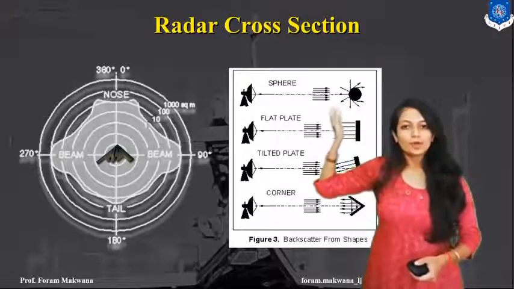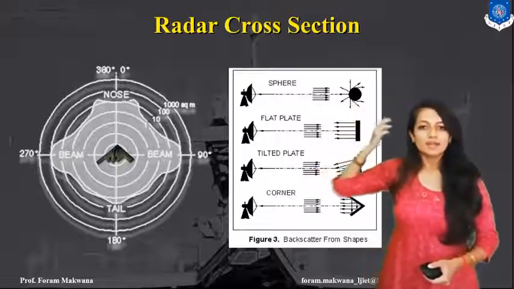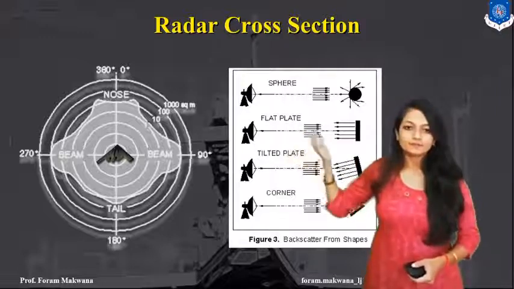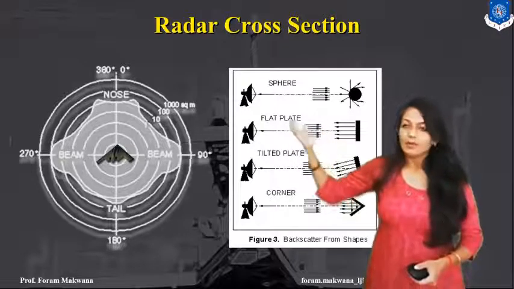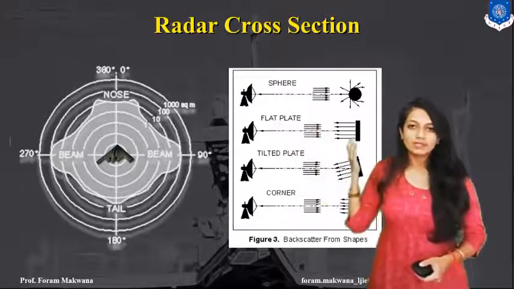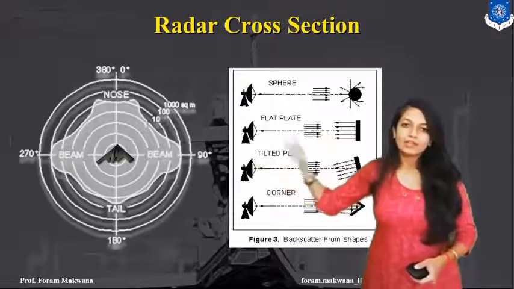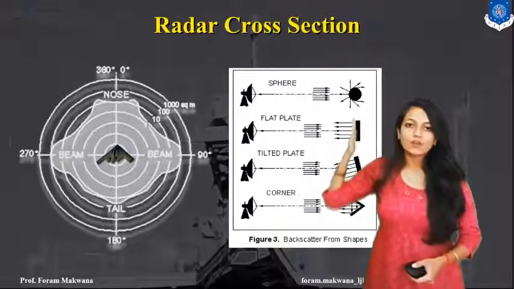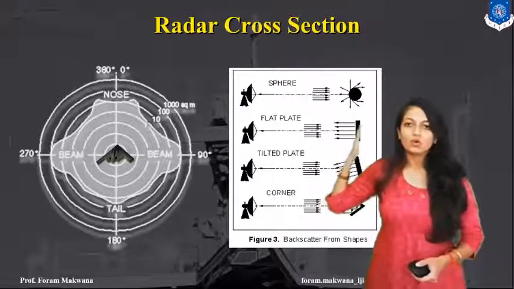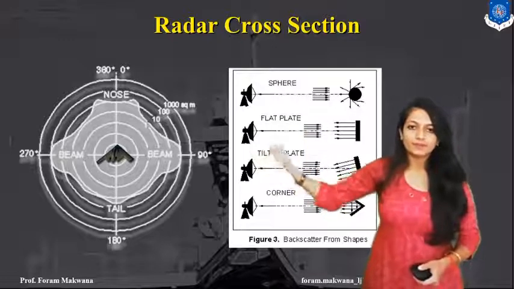Some part of the signal is reflected and some part is scattered. In the second case, my radar antenna transmits the signal, and after some time the signal is reflected back if the surface of my target is reflecting, so all the waves are reflected.